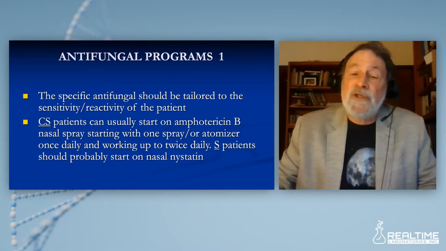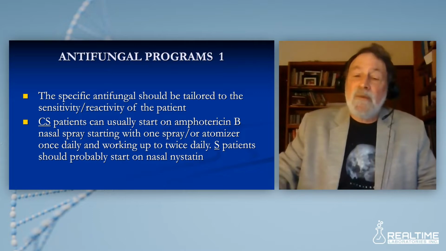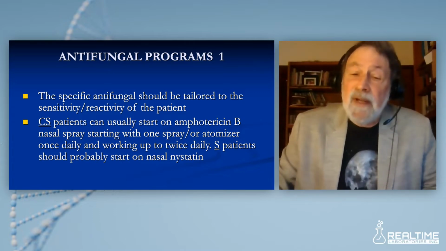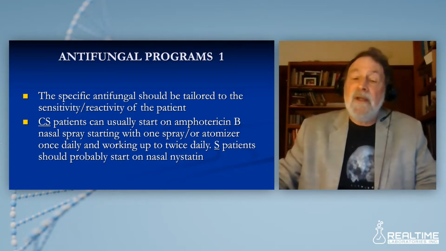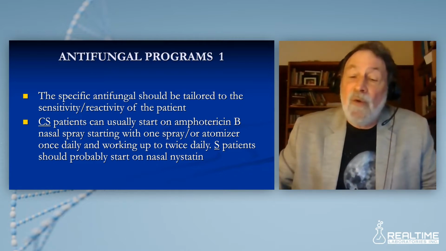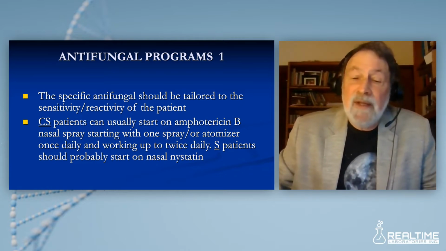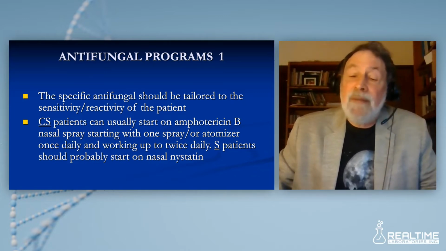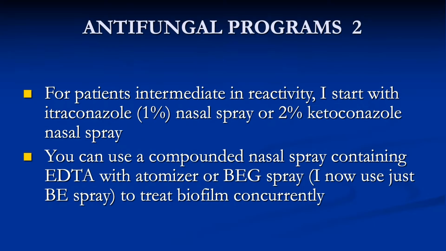So constitutionally strong patients can usually start with an amphotericin B nasal spray, starting at 1 spray, using often a sprayer or an atomizer once a day, then working up to twice a day. Sensitive patients should probably start on something gentler, like nasal nystatin spray. For patients intermediate in reactivity, I'll use either an itraconazole 1% nasal spray or a 2% ketoconazole nasal spray.